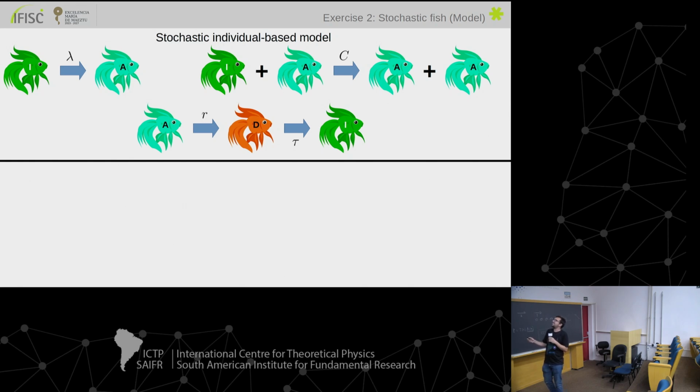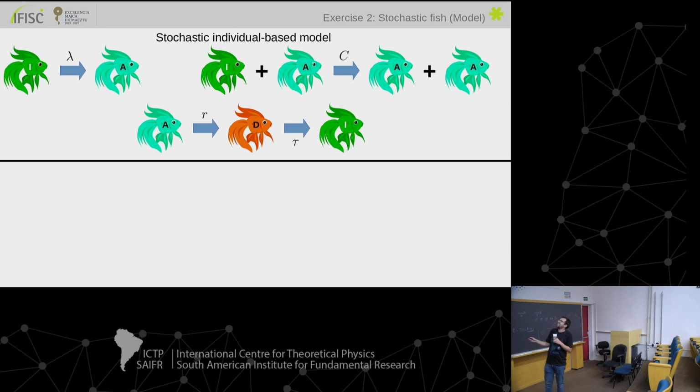Then one inactive fish can copy the strategy of one active fish and also become active with some given rate. And then the last thing is that one active fish can, with some rate, become a drifting fish.